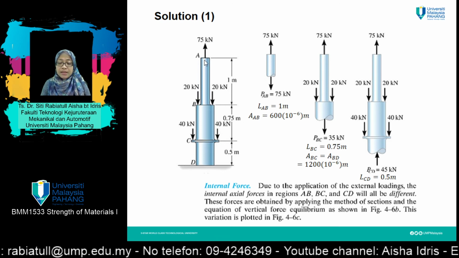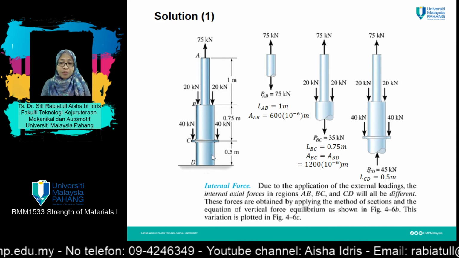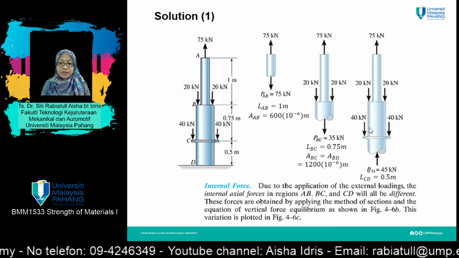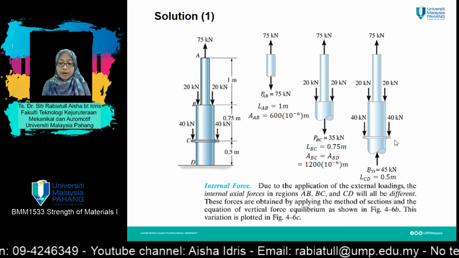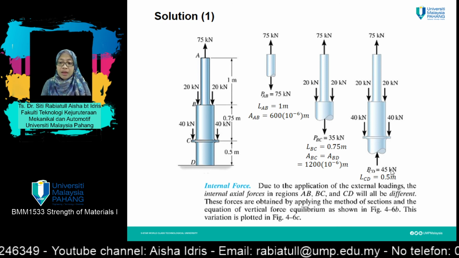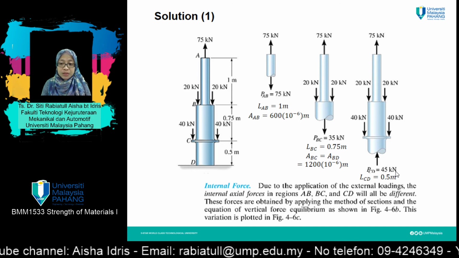And last but not least, starting from point A until exactly before section CD, from this free body diagram, you take total forces in the y direction equals 0. Then you'll get the value of PCD equal to 45 kilonewton.